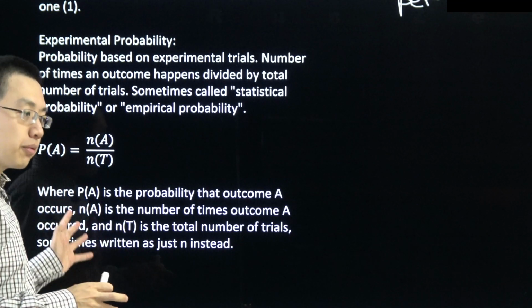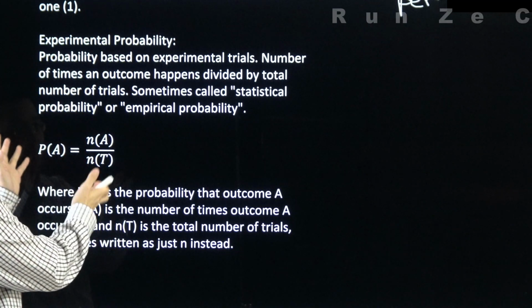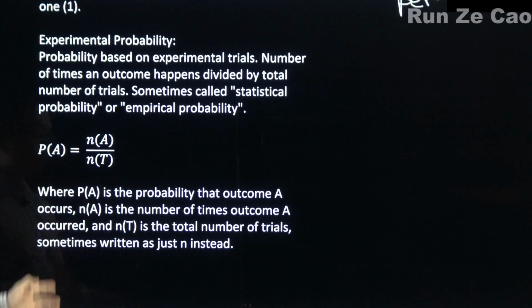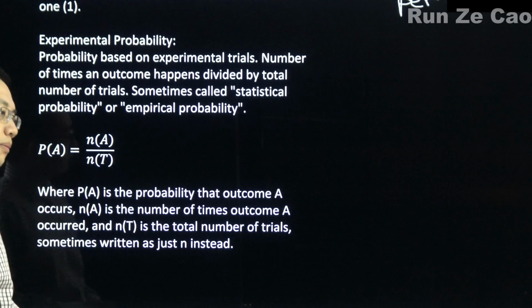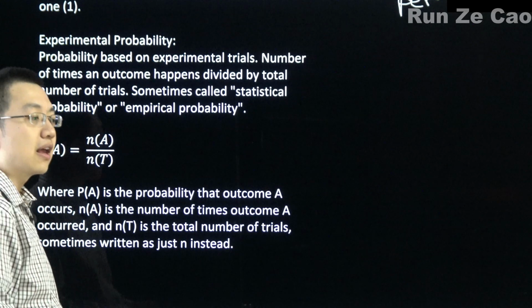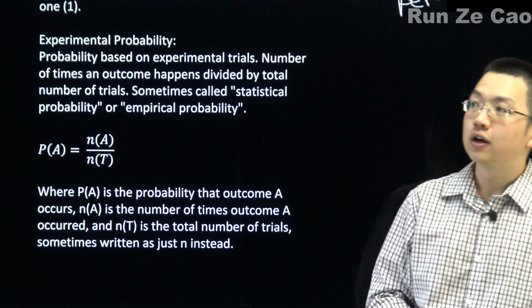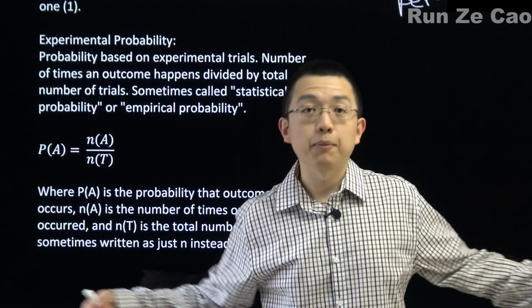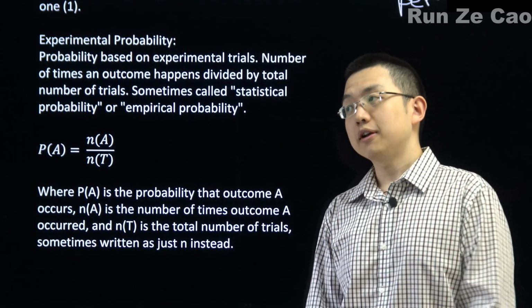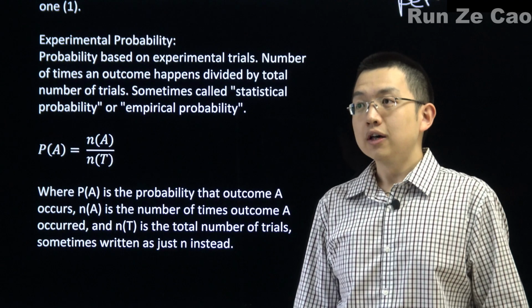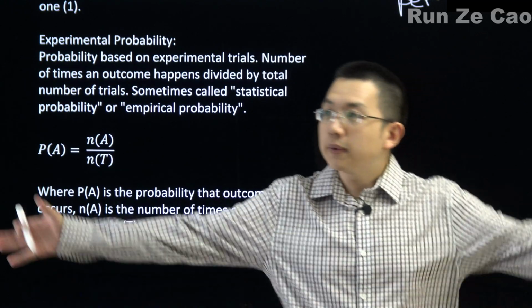Sometimes the experimental probability is called the statistical probability or empirical probability, because statistics are from a sample, parameters are for a population, so the entire group that could be sampled from. You get parameters, such as the average height of everybody in a country.